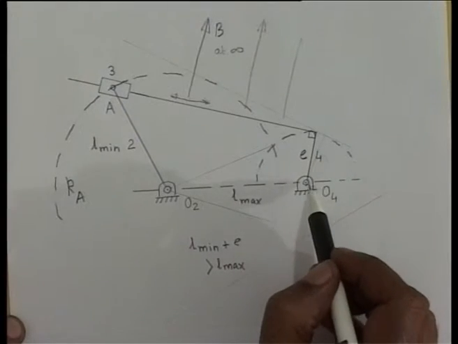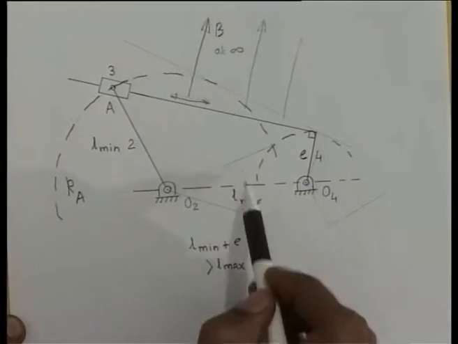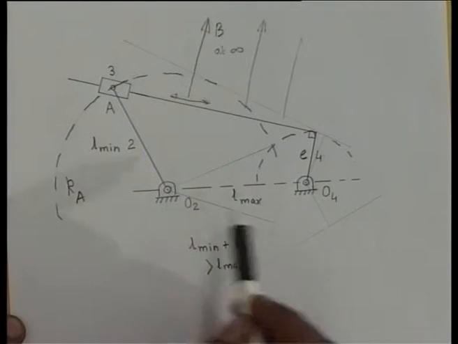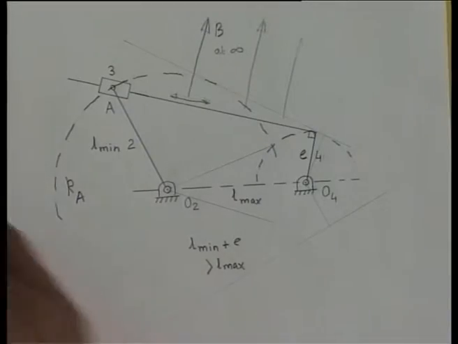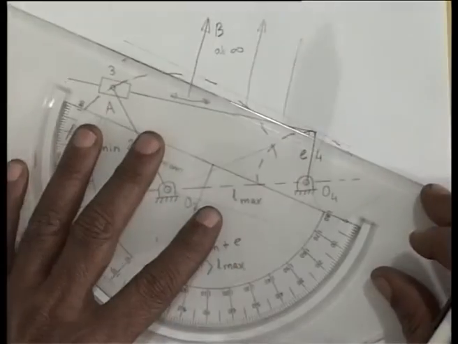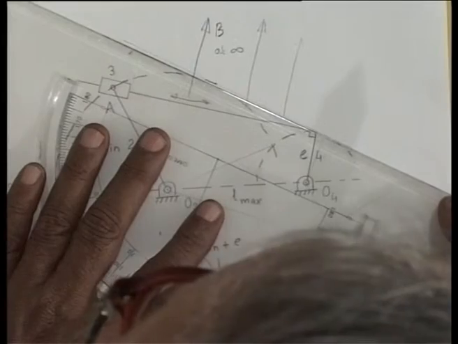Now, let me draw a common tangent to these two circles, one centered at O2 and the other centered at O4. The common tangents between these two circles are these two lines.